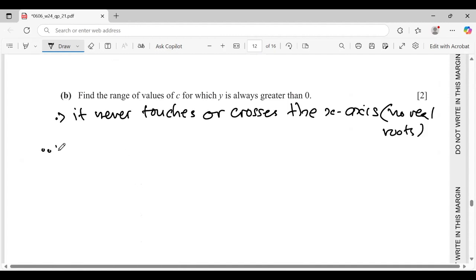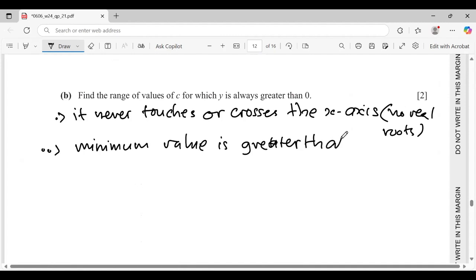The second, the minimum value is greater than 0.